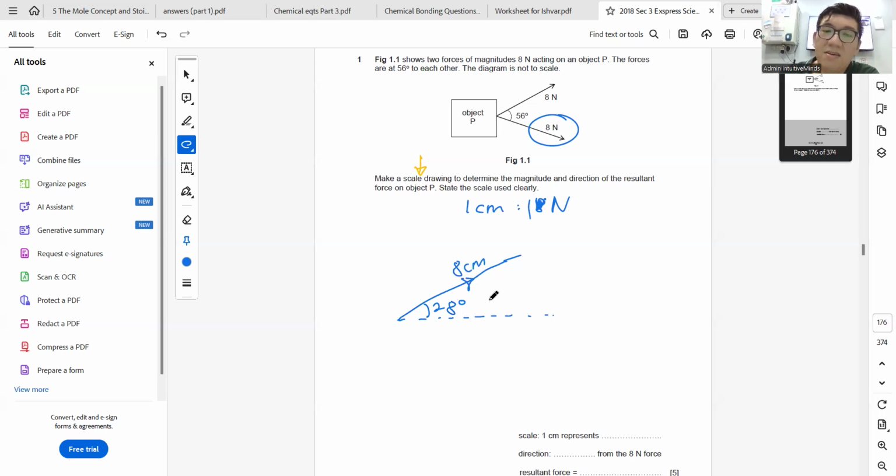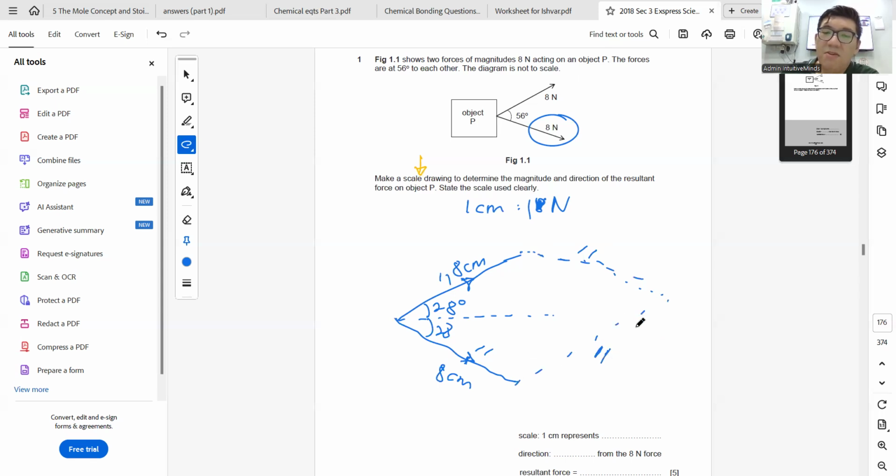Put the arrowhead inside. Do the same below: 28 degrees, measure up to 8 cm. Put the arrowhead inside. Draw dotted lines that are parallel. So this should be parallel to this one, and then this one parallel to this one.